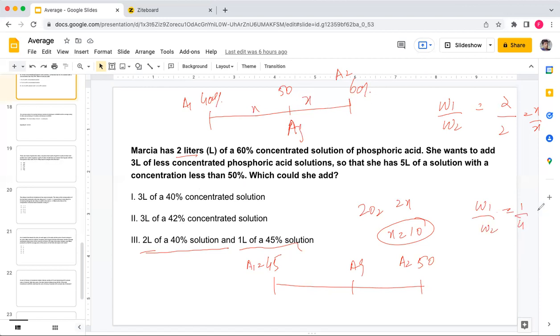It is x by 4x. So if this is A1, W1 will be this side x, and this will be 4x. So combining, 50 minus 45, 5 is equal to x plus 4x, which is 5x, and x is equal to 1. So the overall average will be 45 plus 4, which is 49, less than 50. So again, this is possible. Hence, all of these are possible.